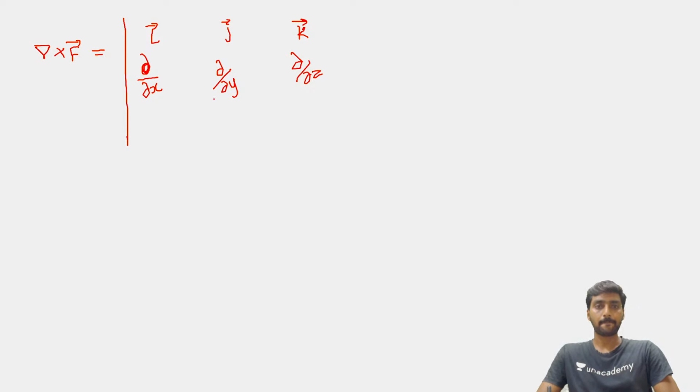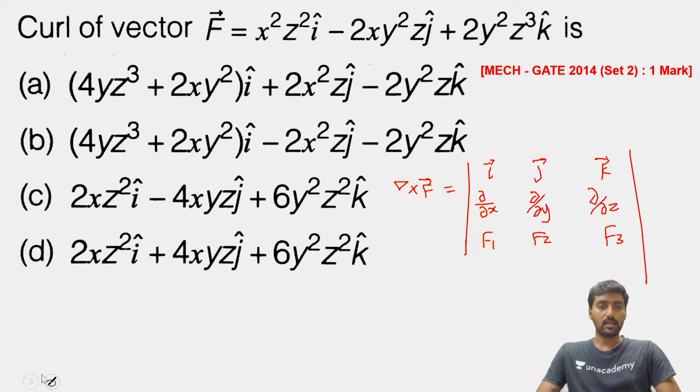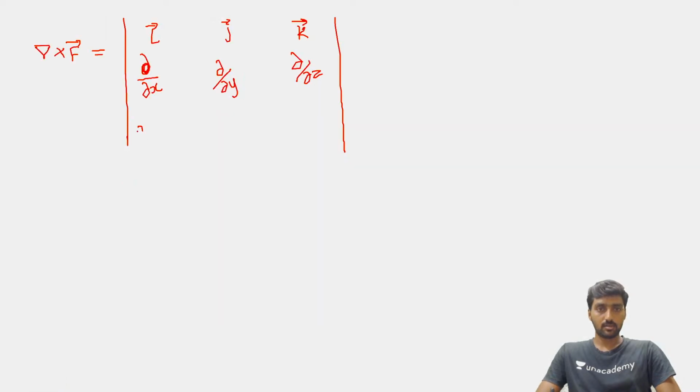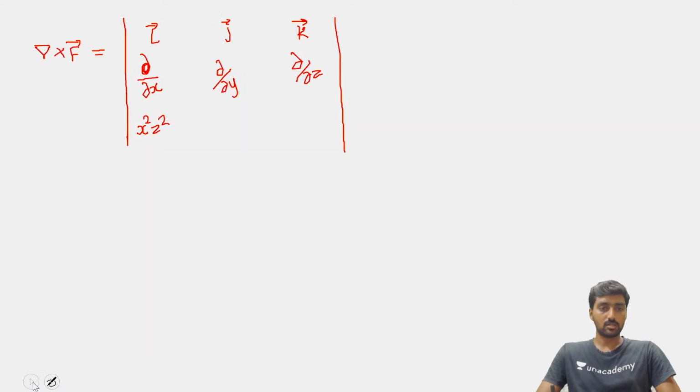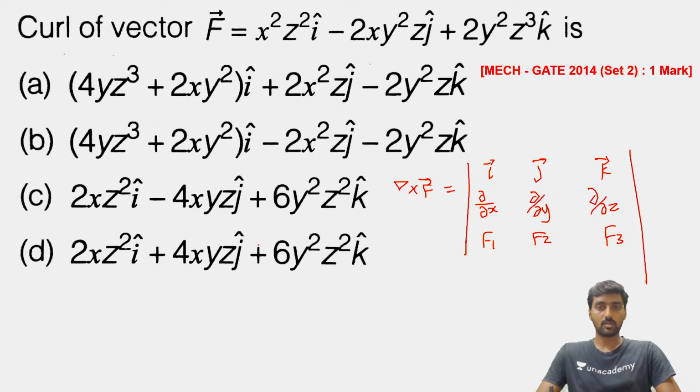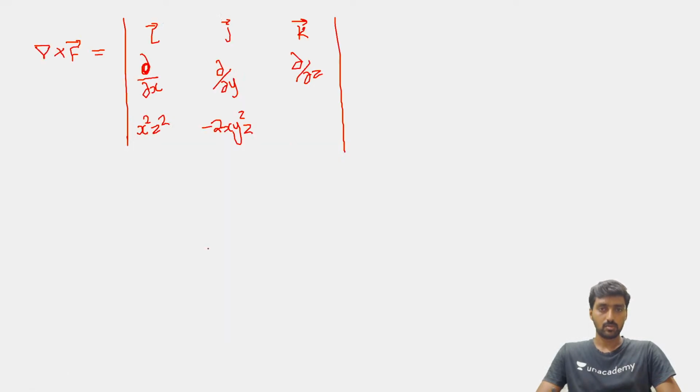Listen, I will explain the things one by one. First component: x square z square. Second: minus 2x y square z. Third: 2y square z cube.